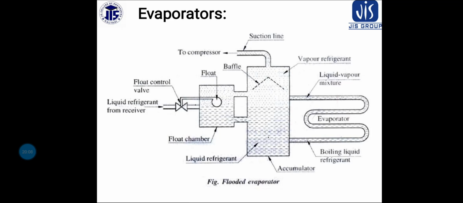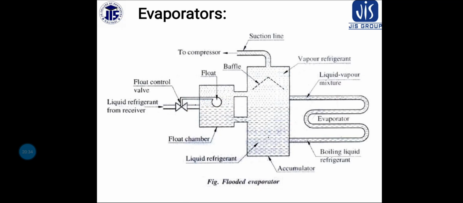The evaporator coil is connected to the accumulator, and the liquid flow from the accumulator to the evaporator coil is generally by gravity. Okay, so here you can see in the figure, the liquid refrigerant is this, and the flooded chamber is this, and the float control valve is this.